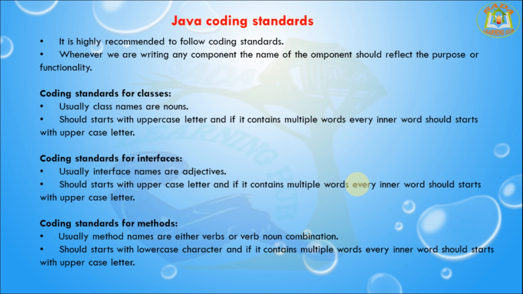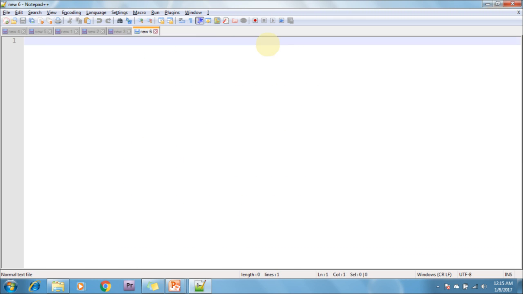Coding standards for classes. Usually class names are nouns. They should start with uppercase letters, and if a name contains multiple words, every inner word should start with an uppercase letter. For example, String.